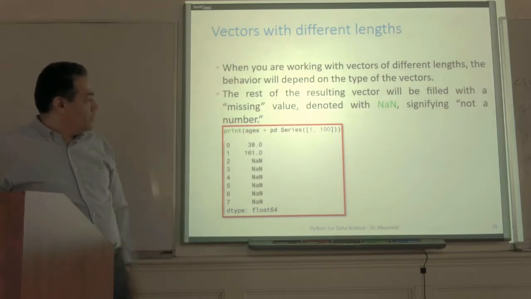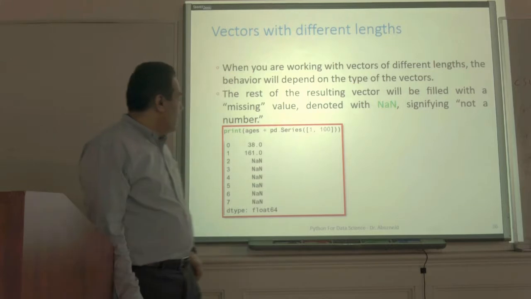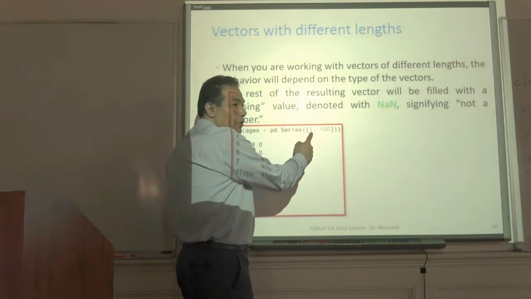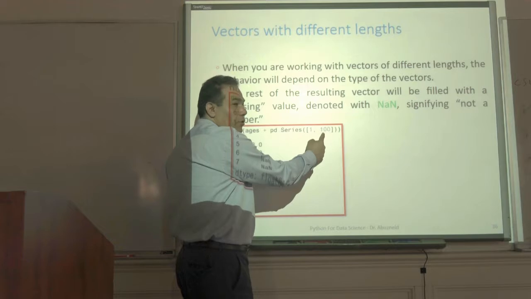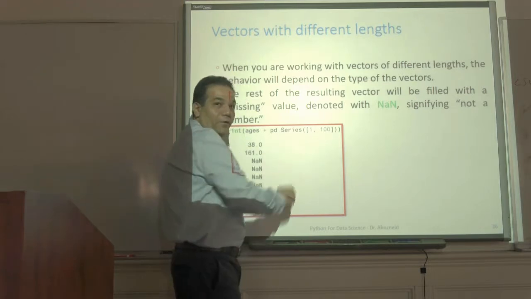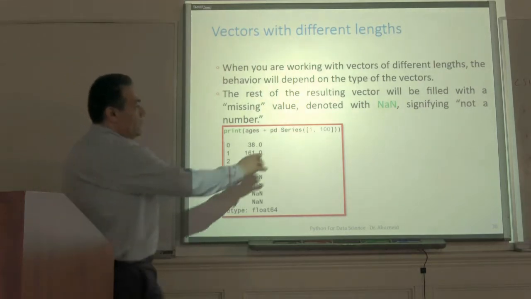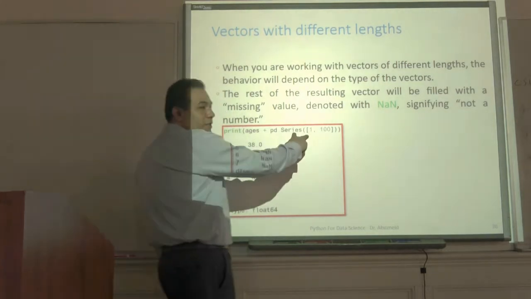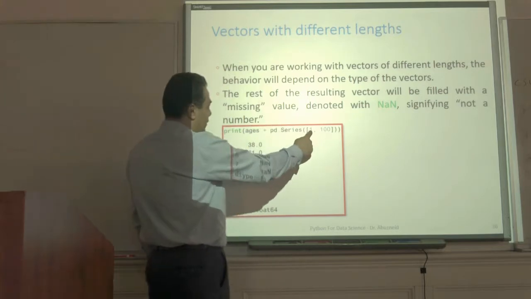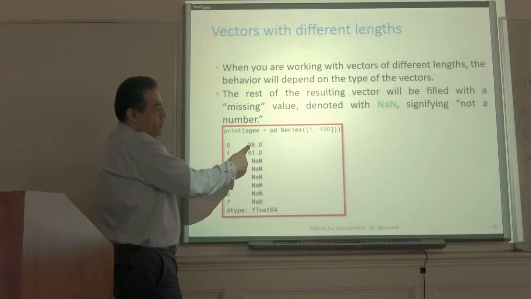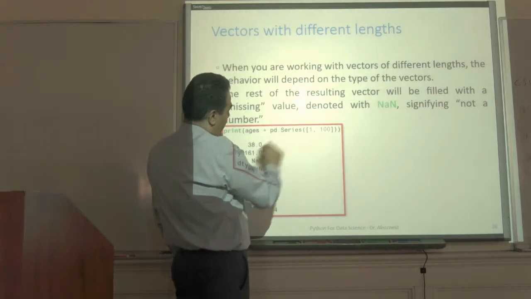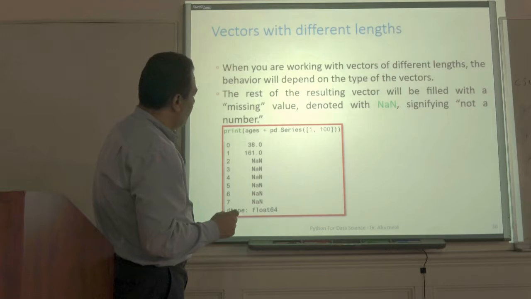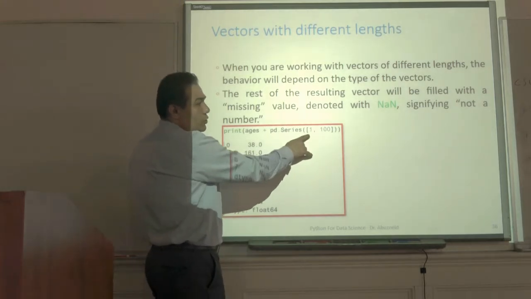If I say ages plus pd.Series with 1 and 100, this is creating a series with 2 elements, 1 and 100.